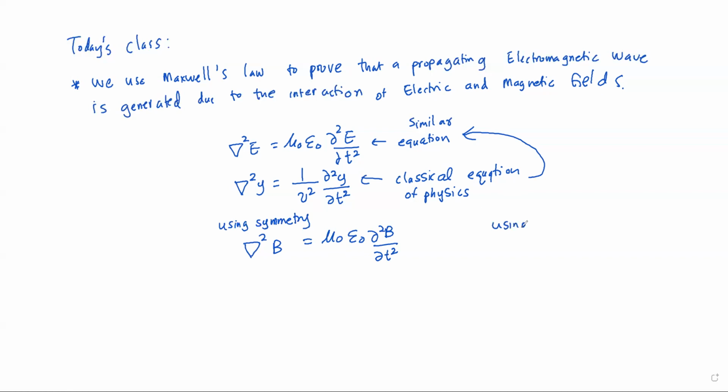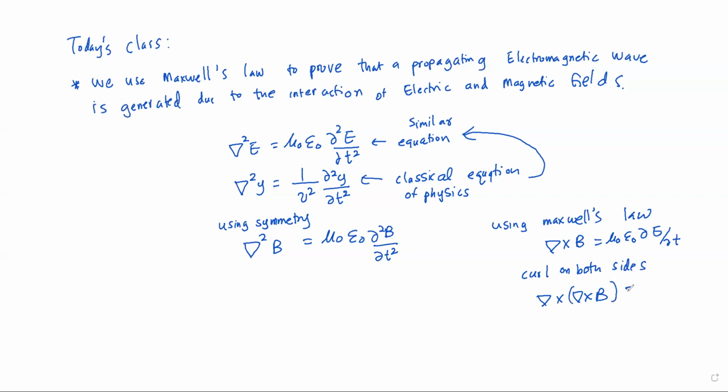Using Maxwell's law, the curl of B equals mu naught epsilon naught ∂E/∂t. I can take the curl on both sides and I will be left with this expression.